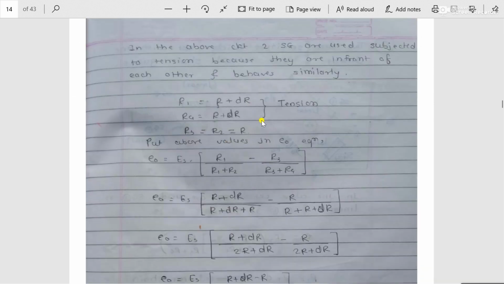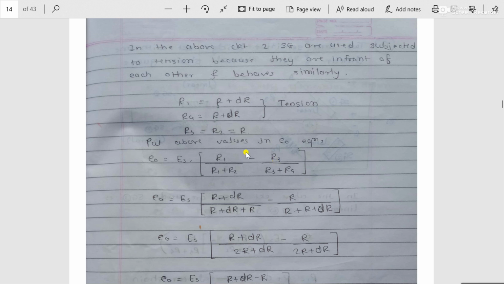And these conditions we have to put in the E0 equation to calculate the output of the two arm sensitive bridge circuit for the condition same in magnitude, same in nature. So if I put these values in the E0 equation, instead of R1 I put R plus delta R. The equation becomes E0 is equal to ES in bracket, instead of R1, R plus delta R. At the denominator once again R1 is there, so R plus delta R. Instead of R2, as this is a fixed resistor, I write capital R, and this minus sign stays as it is.